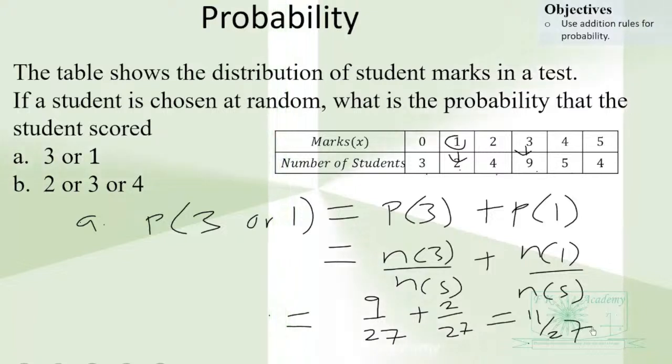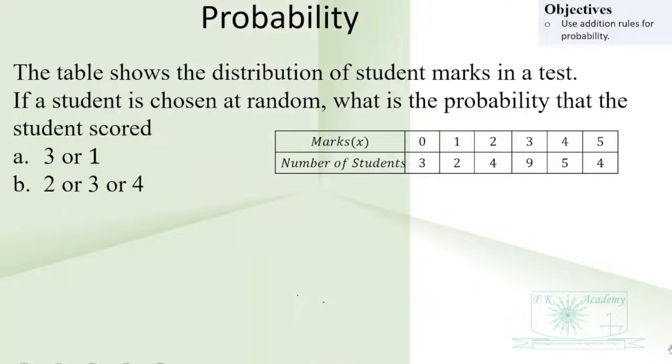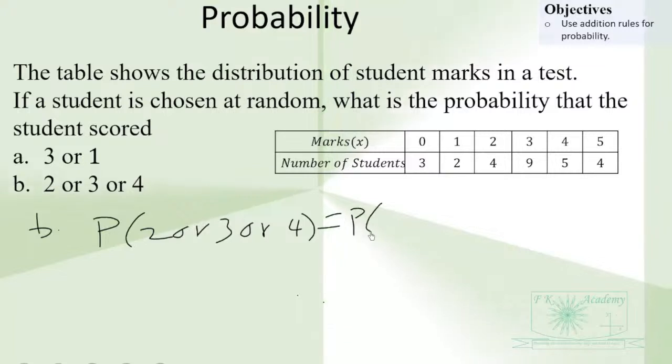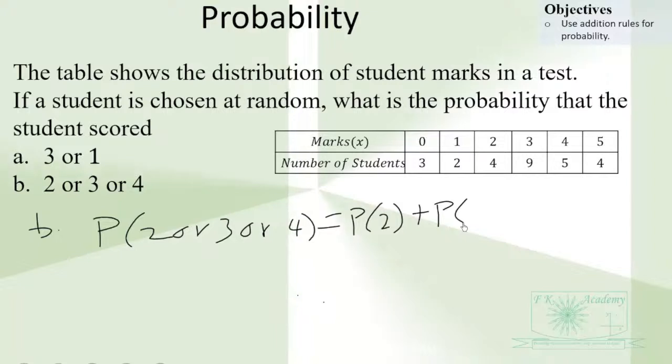Then probability that a student scored 2 or 3 or 4. So we can extend the addition rule for probability. Probability of 2 or 3 or 4 will be equal to probability of 2 plus probability of 3 plus probability of 4.